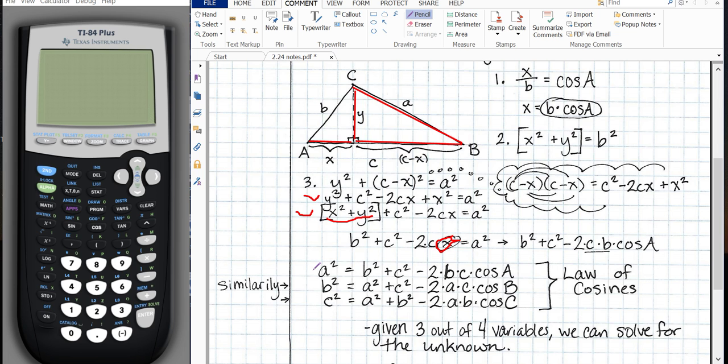So everything's been rearranged, and it tells us that a squared is equal to b squared plus c squared minus 2bc cosine a. All of this is being multiplied. Now, similar reasoning, if we look at this triangle from another angle, would give us the same kind of situation for b squared.